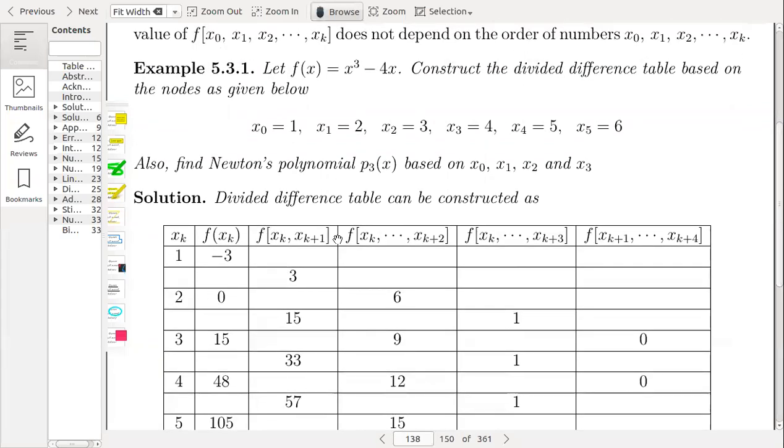And this is actually the first divided difference. For the first divided difference, you need 2 points, xk and xk plus 1. For the second divided difference, you need 3 points, xk, xk plus 1 and xk plus 2. For the third divided difference, you need 4 points. Similarly, for the fourth divided difference, you need 5 points.